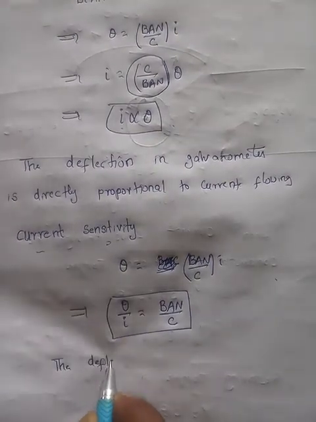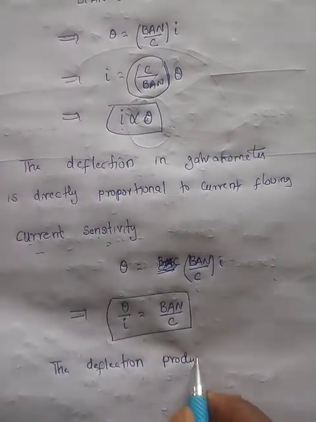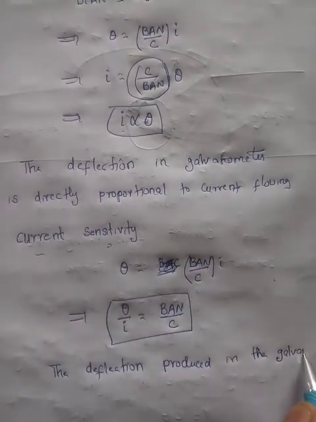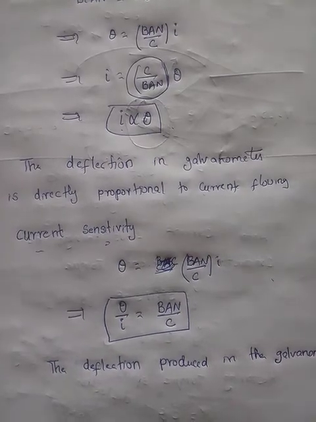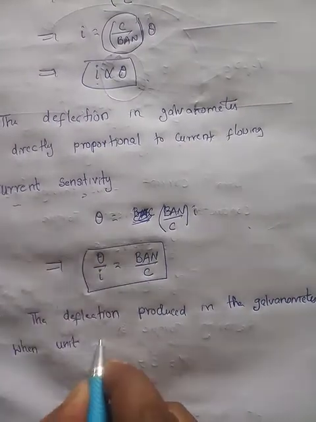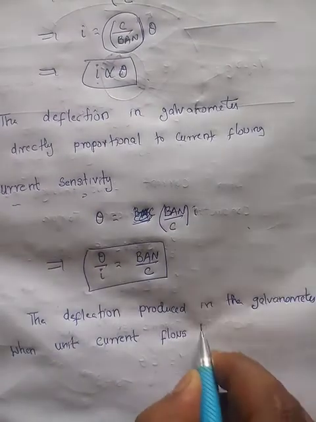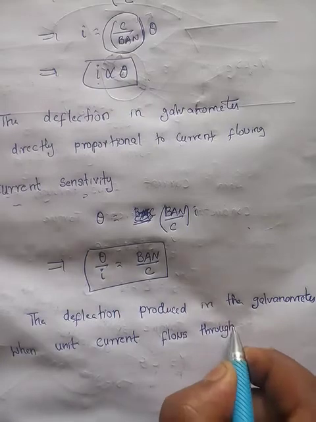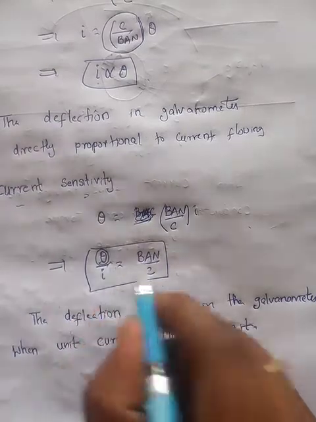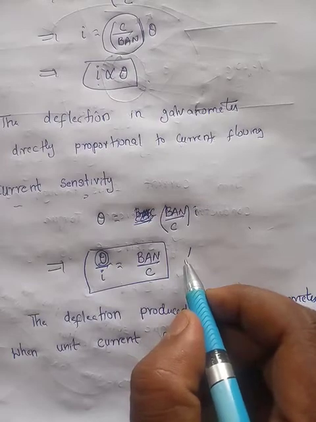The deflection produced in the galvanometer when unit current flows through it. So that is defined as theta by I. What are the units? Theta is in divisions, so the unit is division per ampere.